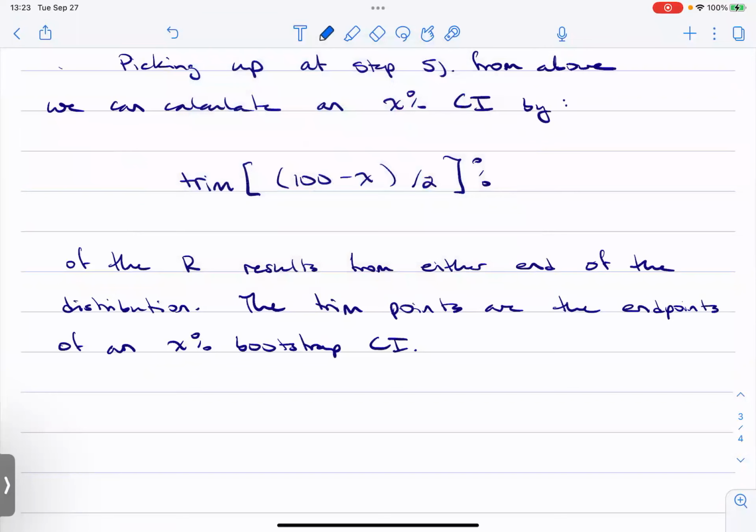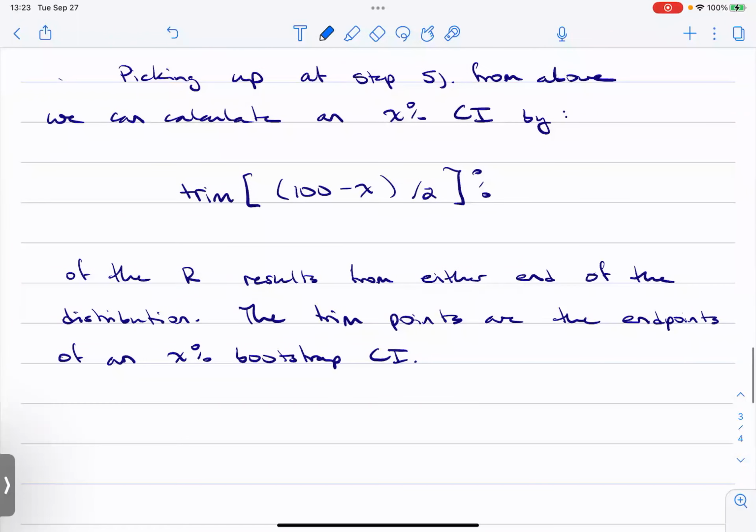So here, it makes more sense if we let X be 90. If I want to make a 90% confidence interval, then what it's saying is I'm going to trim off 100 minus 90, which is how I got the 10, but then divide it by 2% of the R results from either end, right?